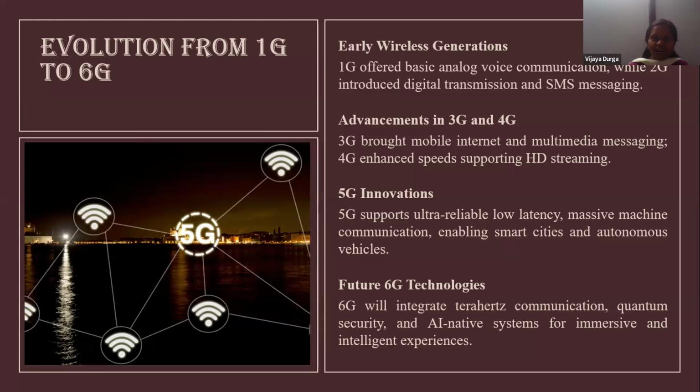5G provides mainly 3 services. One is enhanced mobile broadband service. As the name implies, it can provide enhanced mobile broadband service, that means high data rates. This 5G operates in 2 frequency ranges, FR1 and FR2. FR1 operates from 450 megahertz to 6 gigahertz.